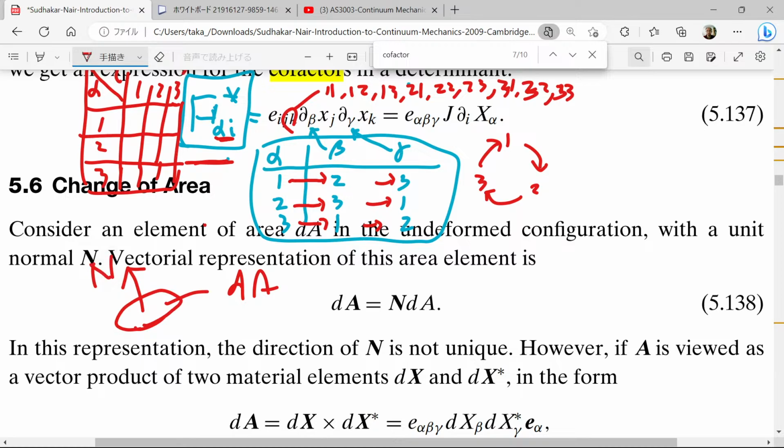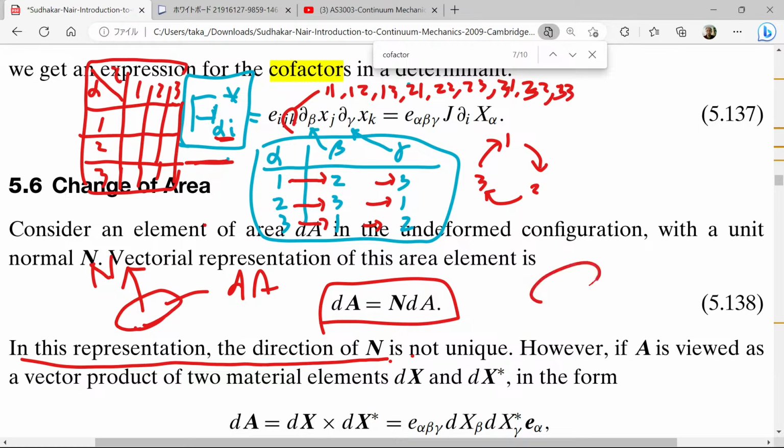But in this representation, the direction of n is not unique. The direction of n can be this way. So this is also a right angle, and this is also a right angle.